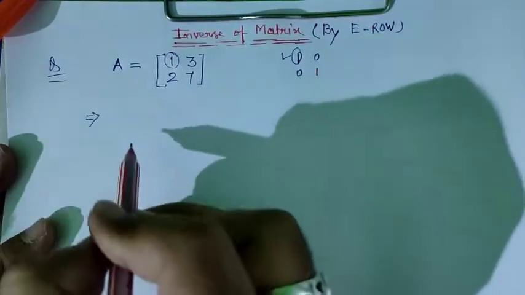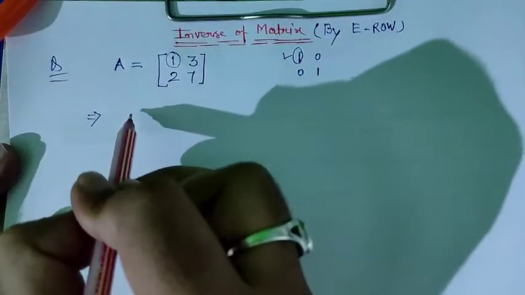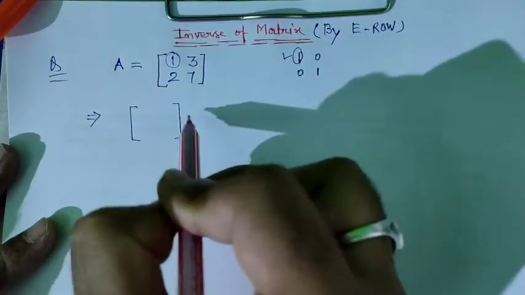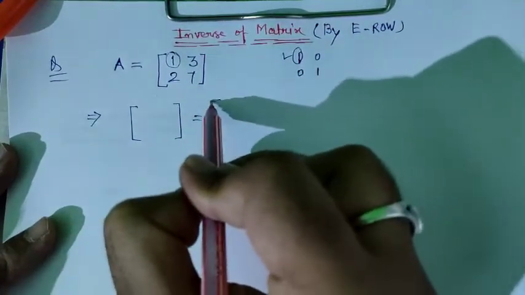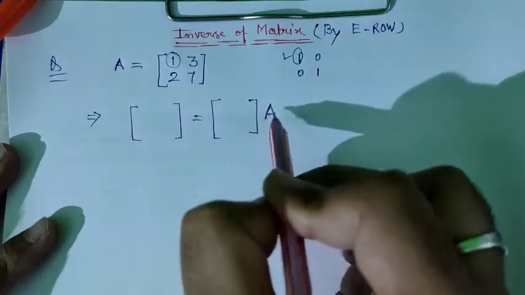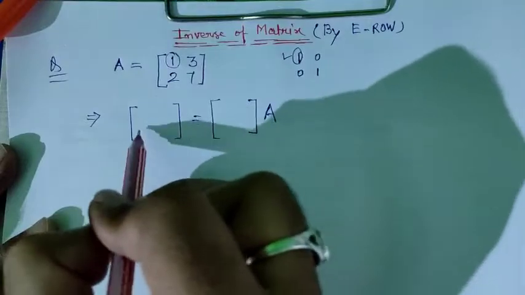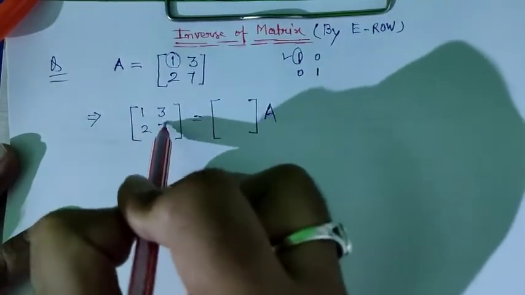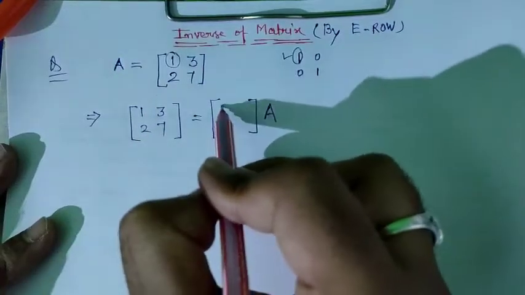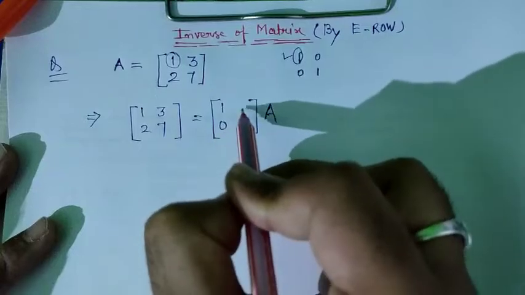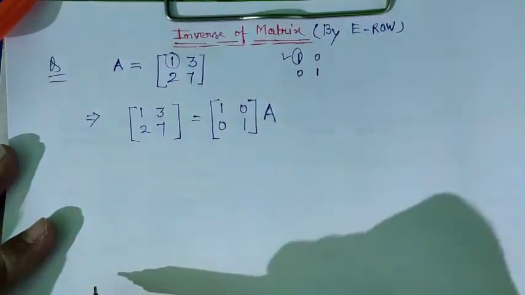Before that we will write it in this way: equal to A. Here we will write 1 3 2 7, the given matrix, and here we will write the identity matrix 1 0 0 1.